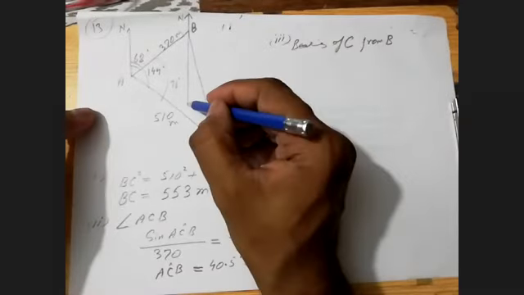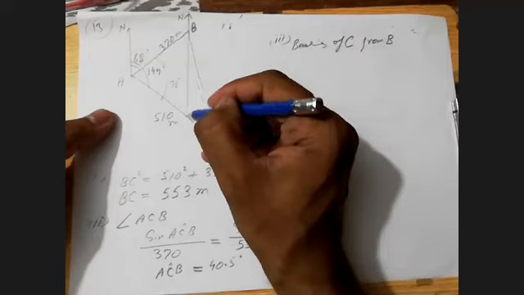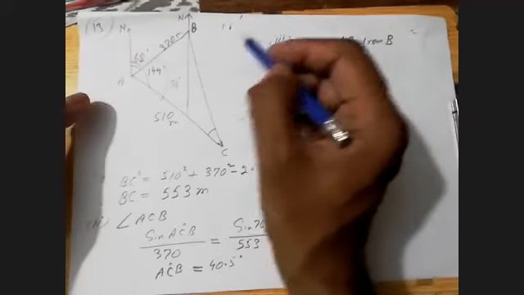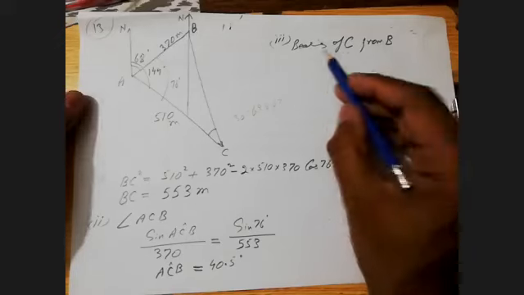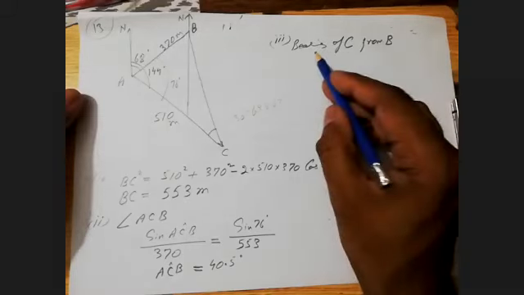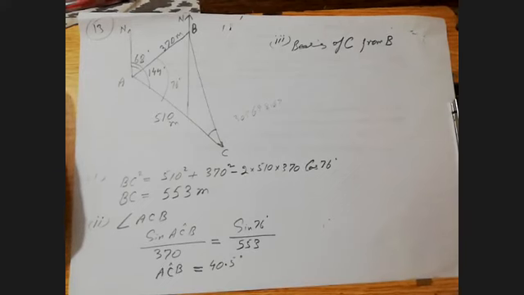Now, one student has already promptly solved this. What technique should I use to find out the bearing of C from B? Let me seek the opinion, and if the time is over, inshallah in the next period we will be completing this question.